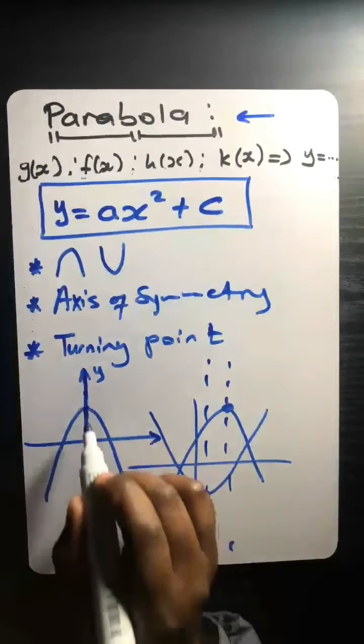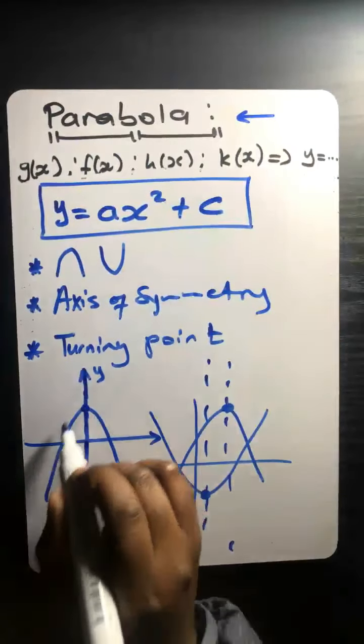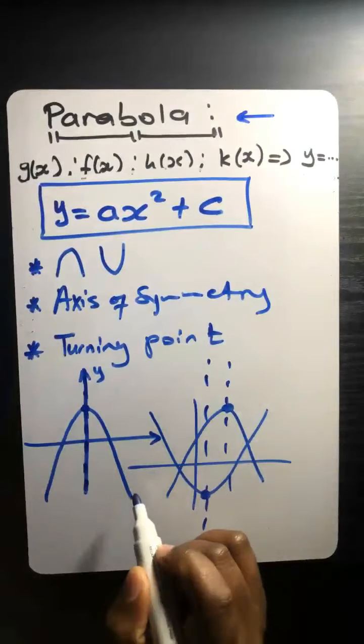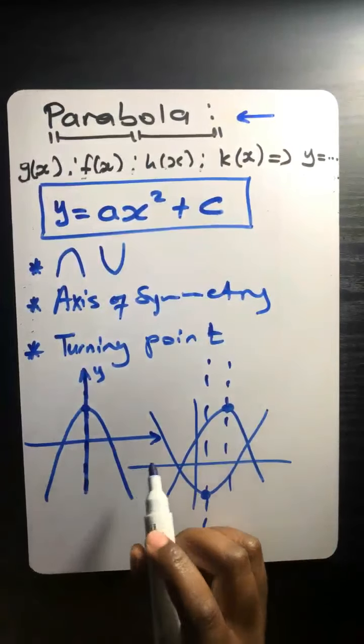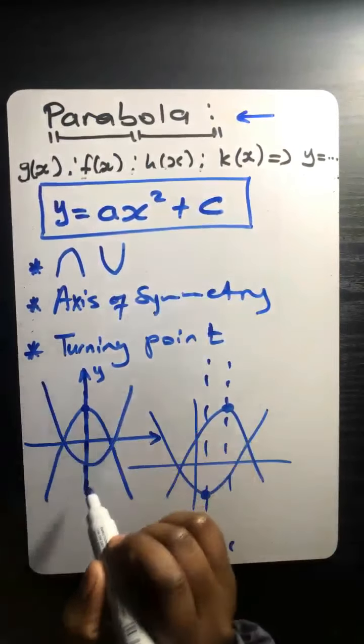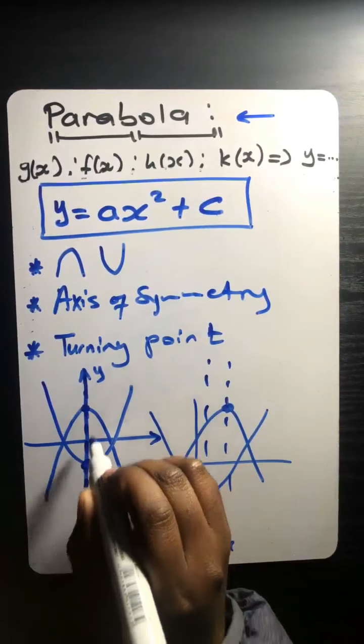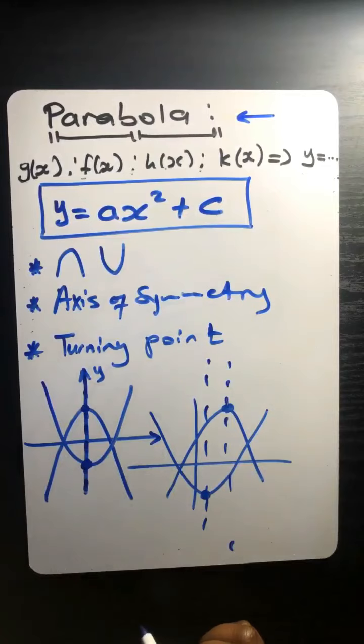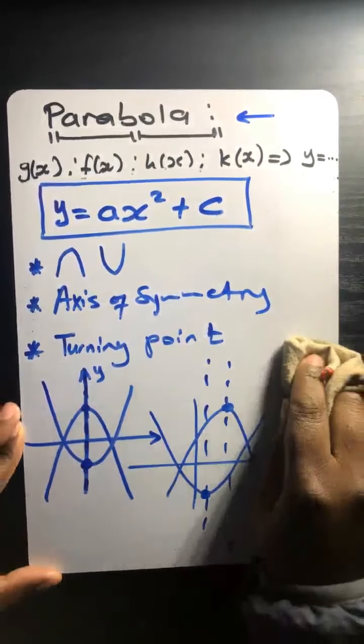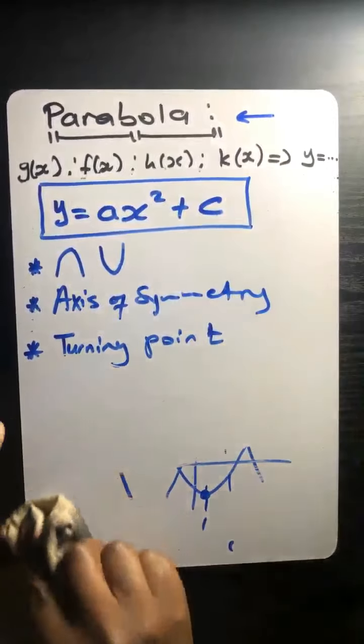Because this is the turning point, and we know that the axis of symmetry cuts the parabola into two equal halves. So if the turning point is there, then the axis of symmetry is within the y-axis. Massively important, ladies and gentlemen, that you fully understand all of this information.